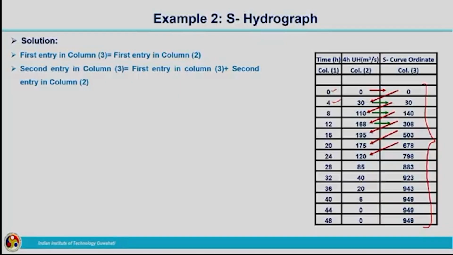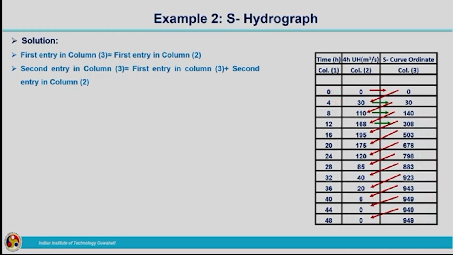It cannot be directly put just after the first cell. So, that care should be done, otherwise entire answer will be wrong. That is why we are separately making the S-curve addition column. Otherwise, this way you can easily find out the ordinates of the S hydrograph. So, this is the way we are proceeding and we are finding out the ordinates.